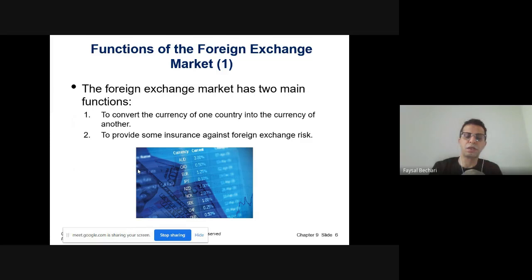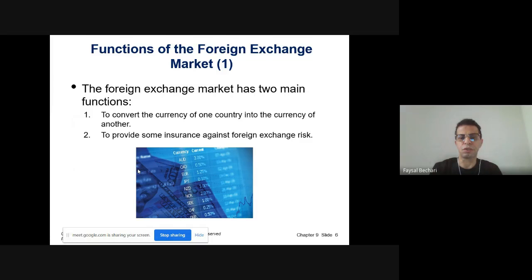The first is just switching monies because you want to buy or sell a service or a good from another country. The second is that they provide some kind of insurance, minimizing your risk when you start buying somebody else's currencies; if your other currency is going down, it's kind of an insurance.